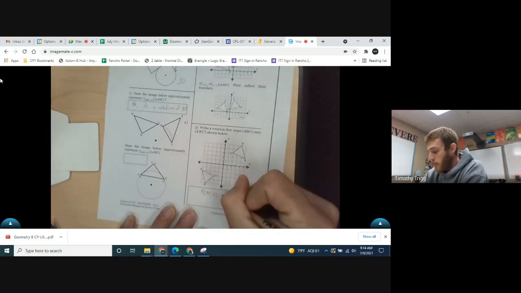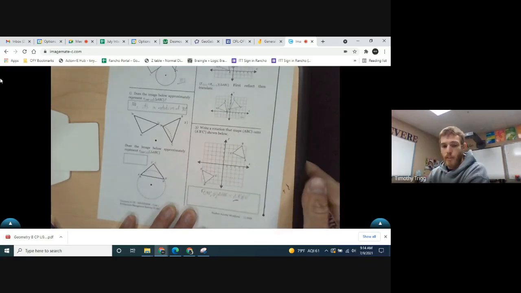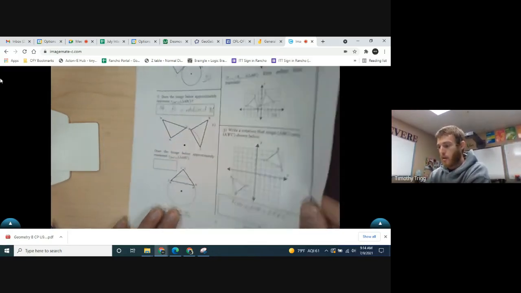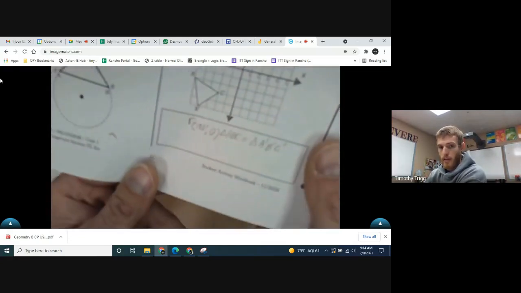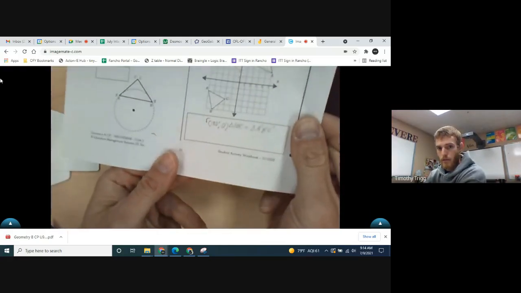And then we would say triangle ABC equals triangle A prime, B prime, C prime. Just like that. Hopefully you can see that.